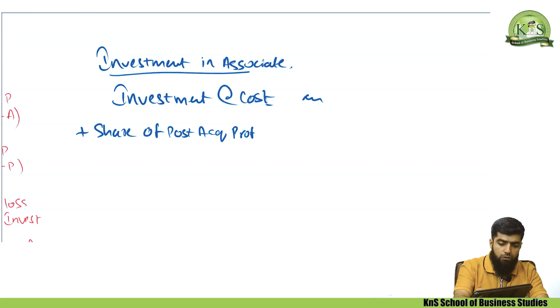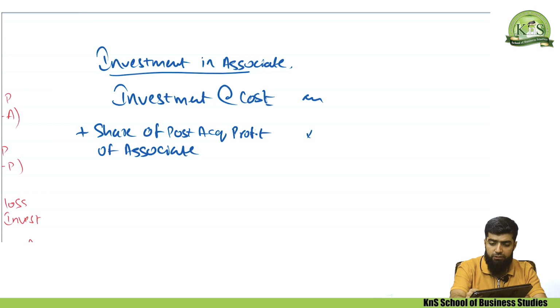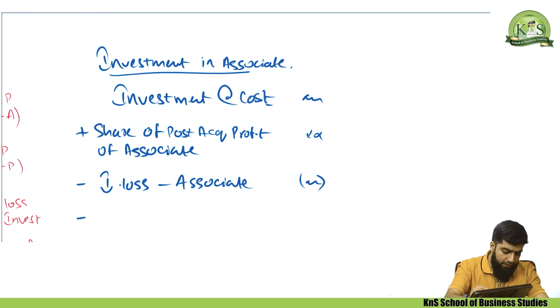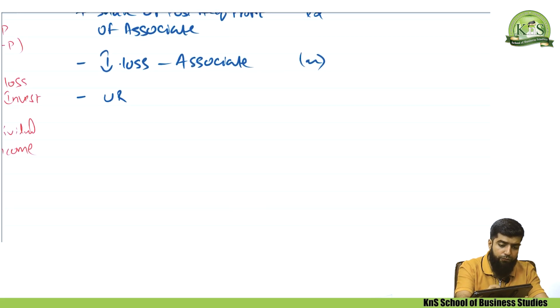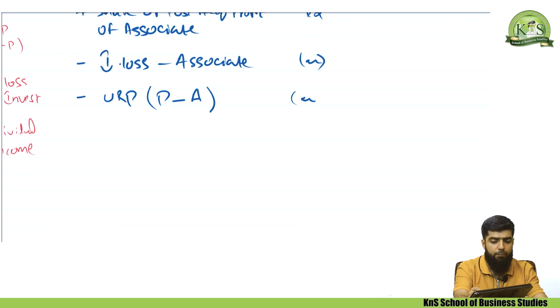Share of post acquisition profit of associate will be added in the investment value. Another adjustment, that is the impairment loss of associate or investment, not for the goodwill of associate, will be eliminated. Another adjustment, that is the unrealized profit, but remember, the unrealized profit will only be eliminated if parent sold goods to associate company.